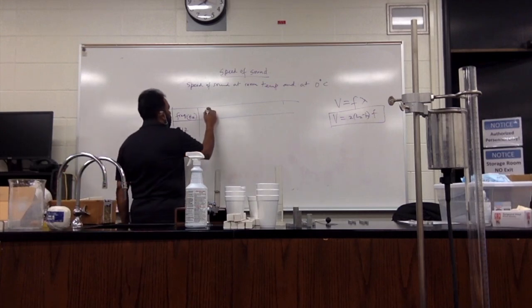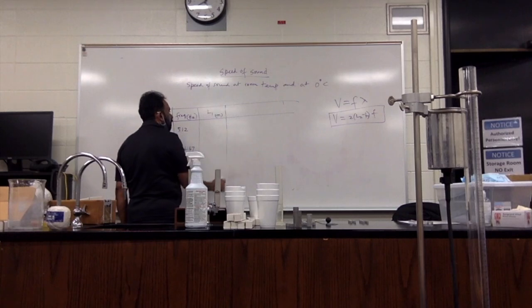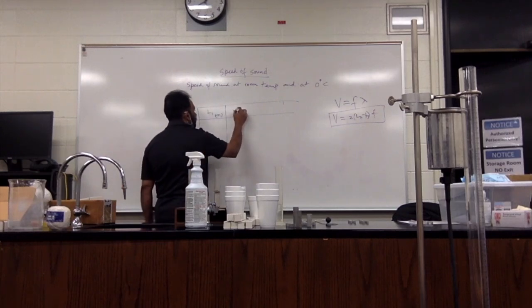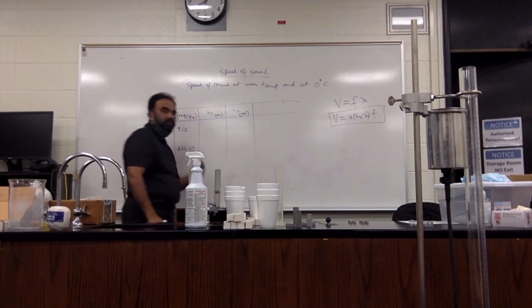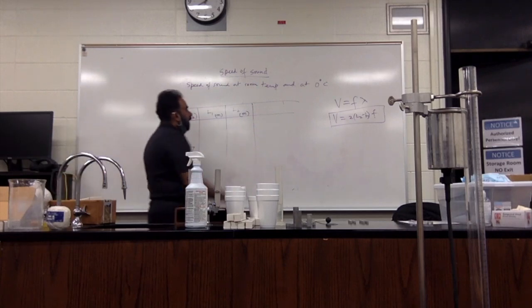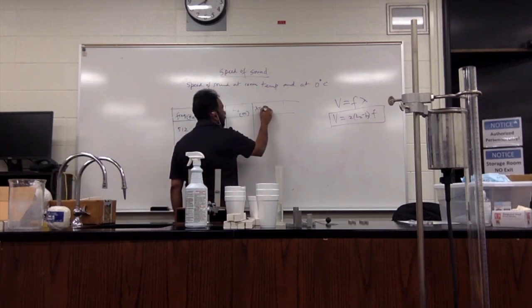Our first resonance length is L1, and we want to write it in meters. Our second resonance length is L2, which we will also write in meters. Then we will find the lambda by doing 2 times (L2 minus L1).